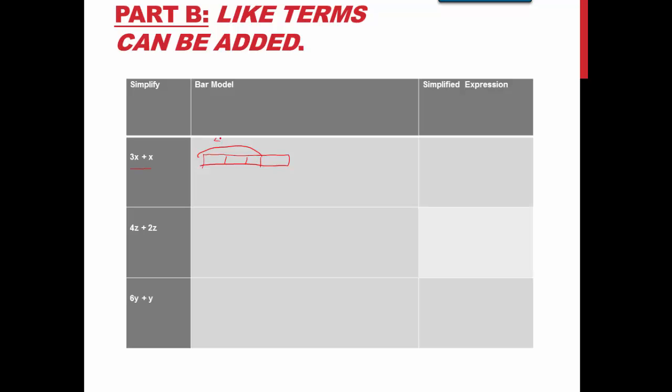Here is 3x, and this is x. So each one of these we add up, x plus x plus x plus x. What does it equal? 4x. So when we simplify 3x plus 1x, it becomes 4x.